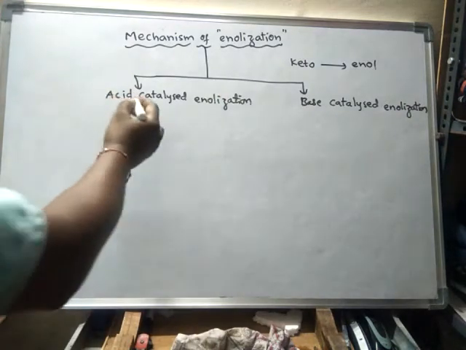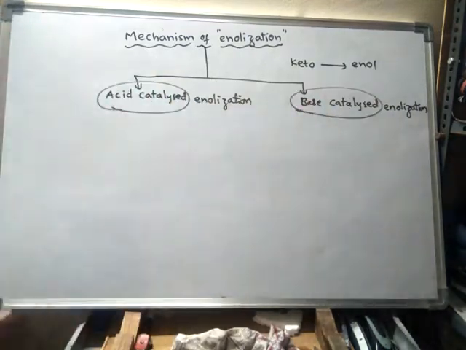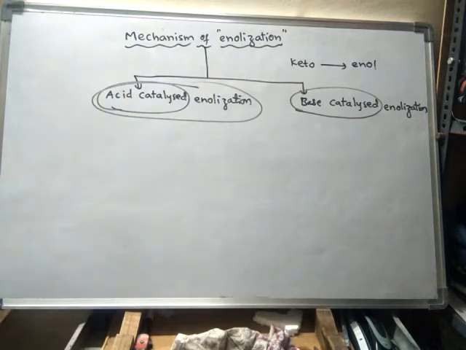Here acid is used as the catalyst in one, and base is used as the catalyst in the other. First we will learn the acid catalyzed enolization mechanism.